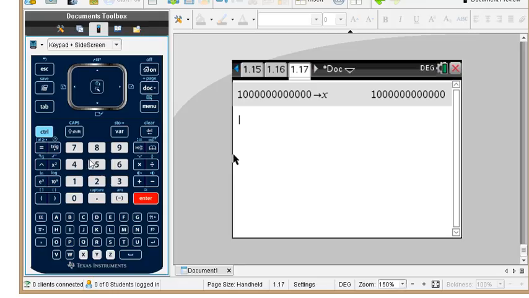And next, all we have to do is enter the function, and we're going to get really close to the answer. So we're going to put 5x squared minus 6x plus 7.